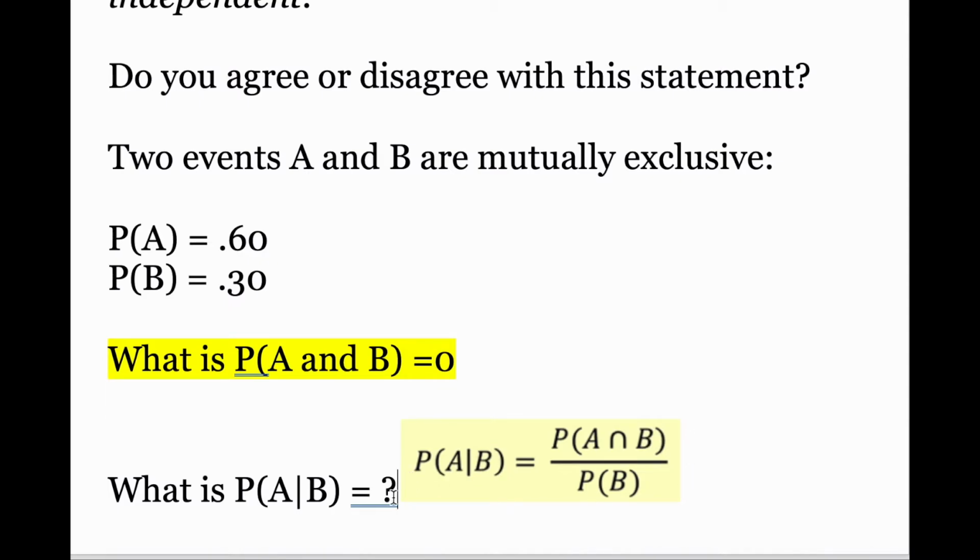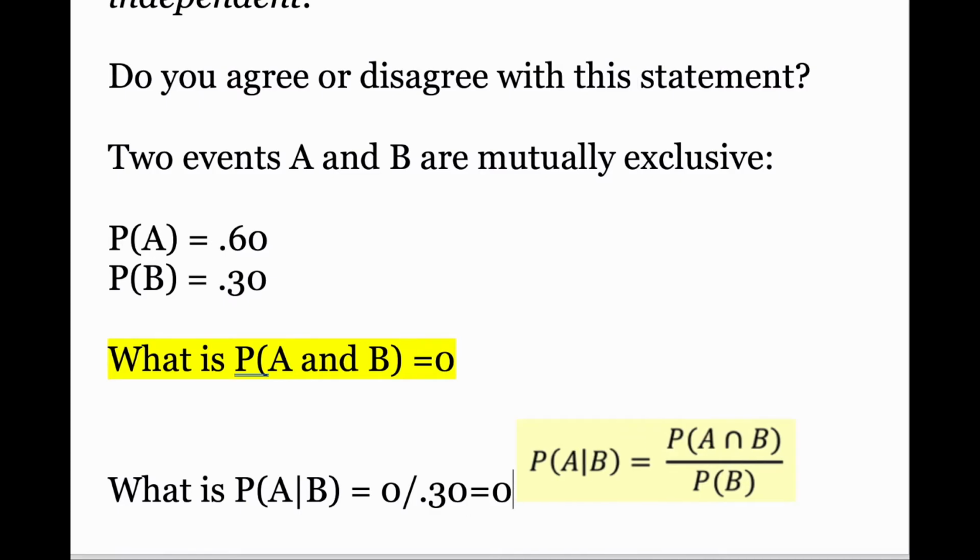So for this example, when you use this formula, probability of A and B is equal to 0 divided by probability of B, which is 0.30. So the result is 0.